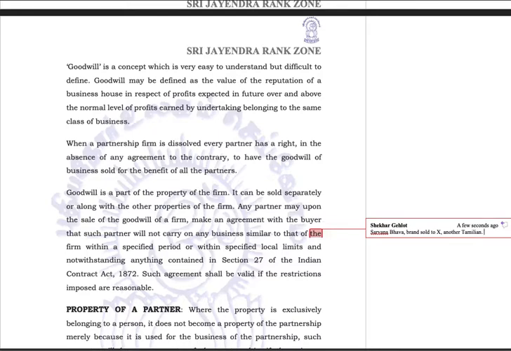Now X can have an agreement that the firm shall not enter into food business within the states of Tamil Nadu, Karnataka, Andhra Pradesh and Kerala, because these four places are where Sarvanabhav is very popular. Okay, and that would be reasonable.